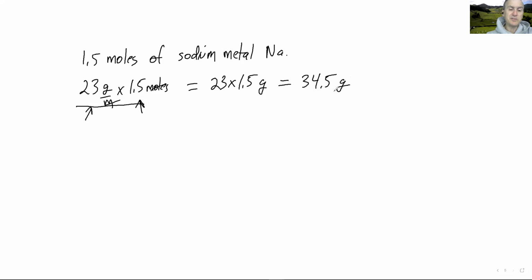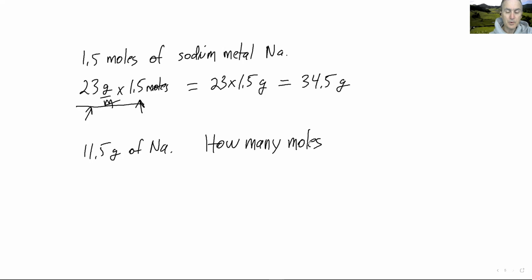So you could turn that around and say, well, let's suppose I have 11.5 grams of sodium. How many moles is that? Well, in the book, they tell you that you just divide the weight by the atomic mass, right? So the atomic mass is 23 grams per mole. So Na is 23 grams per mole, right? And then they set the calculation up a little weird in the book.